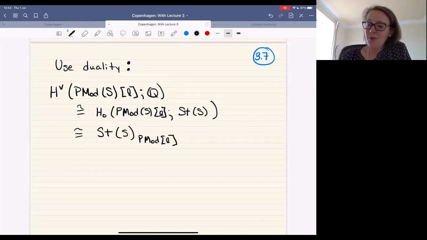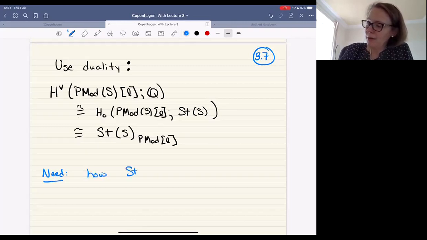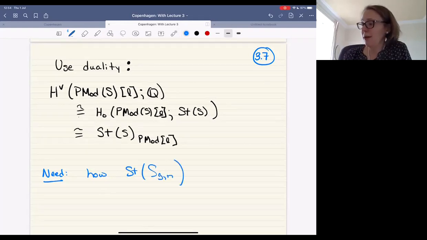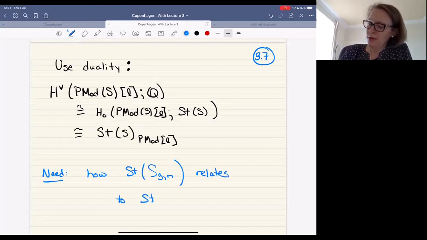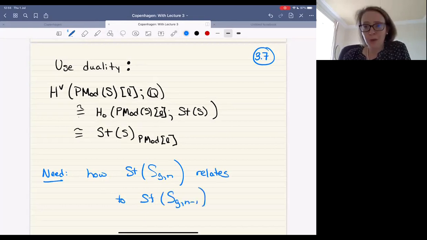And our starting point for dealing with this is, we need to understand, and this motivated the simplification of Harer's proof that I was telling you about earlier in the week, how the Steinberg module of a surface with n marked points relates to the Steinberg module of a surface with one fewer marked point.